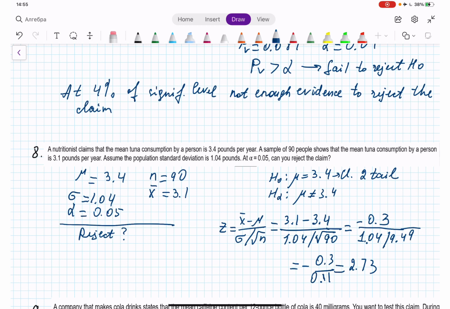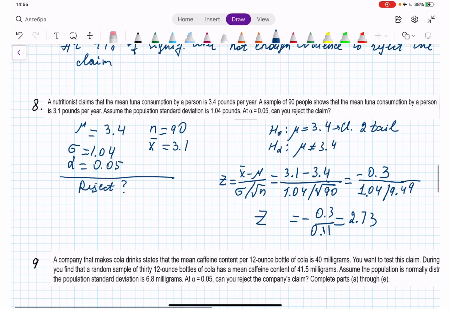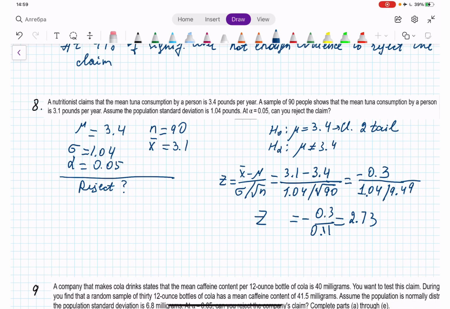Okay, so our standardized test statistic Z is 2.73. Now we need to get our p-value. To find the p-value, I'm going to use my standardized z-score, which is negative 2.73.